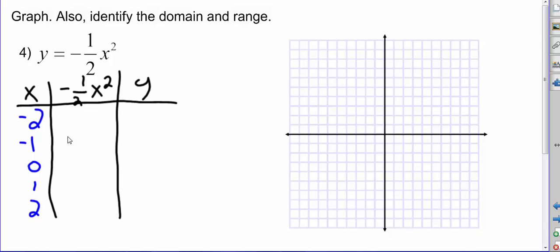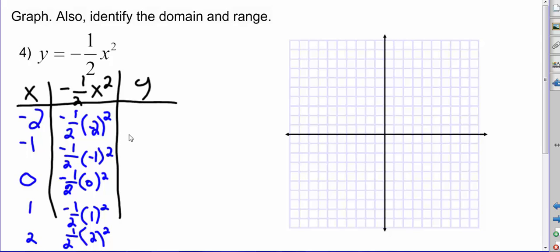So this one's going to show some of our work. You may have been working ahead of me a little bit there. So we're going to have -2 squared, which is 4. 4 divided in half is going to be 2, and we have a negative out front, so this one's going to be a -2. Then we have -1 squared.